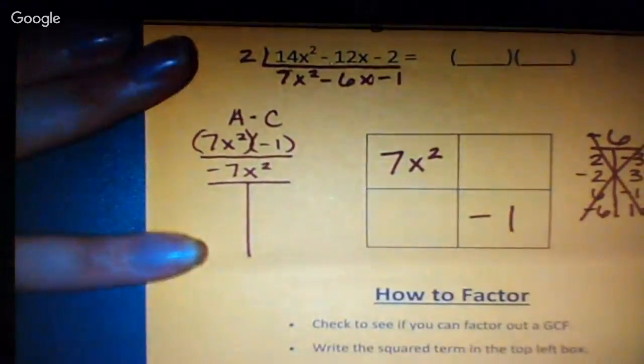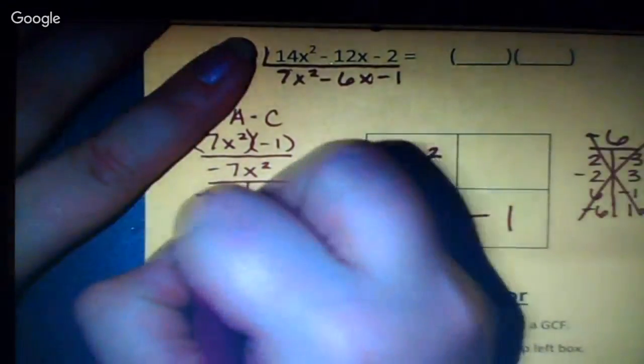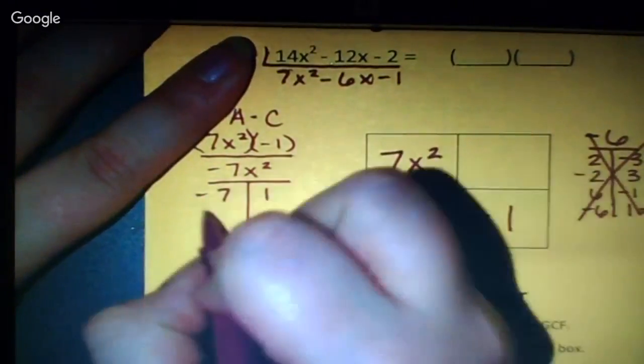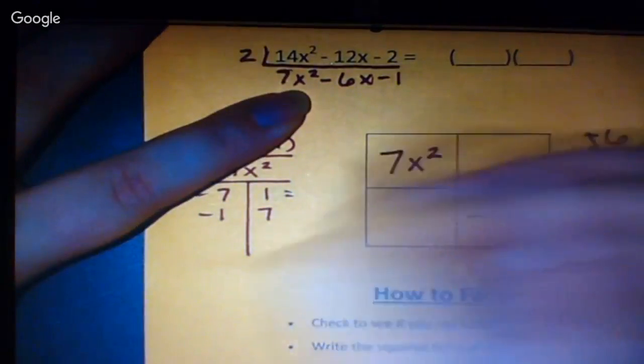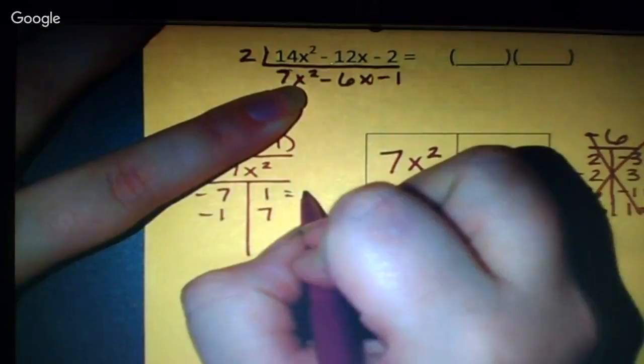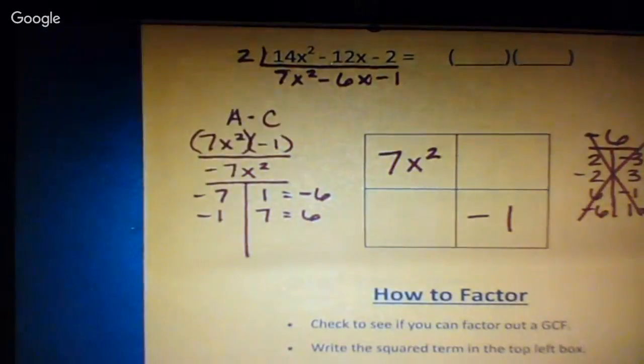Now we need factors of -7. -7 and 1, and -1 and 7. All right, now add these up. So we're at -6 and +6.